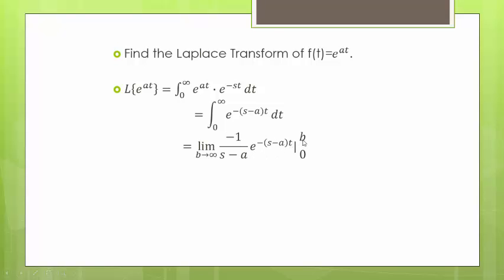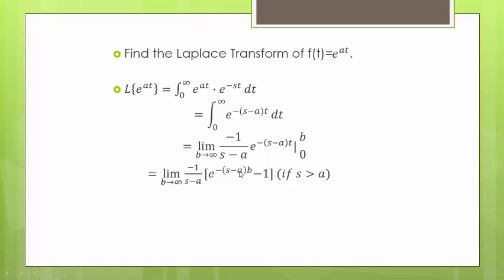I will evaluate this at b as well as 0. When I evaluate at 0, I simply get 1 times that constant. And you'll notice I factored it out front. Now, as long as s is greater than a, and I will be discussing s as a variable, a will just be a constant, then you'll have exponential decay here as b goes to infinity.